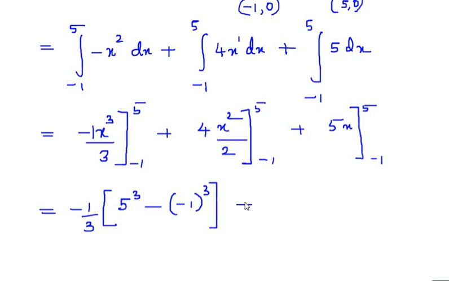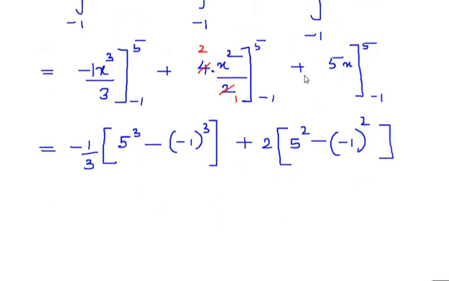Now for the second term, plus, here you can see it is 4 times x square over 2. So let me cancel these out because 4 and 2 go in the table of 2. They divide and it becomes 2x square. So I will take the 2 out, which is remaining here. And inside the bracket, again I will substitute the upper limit, 5 square, minus the lower limit, -1 square, substituted in place of x square.